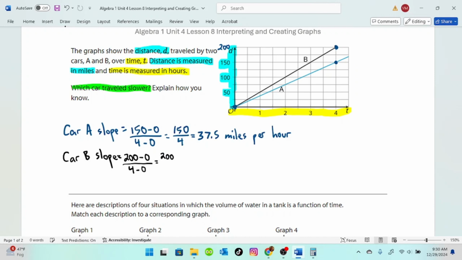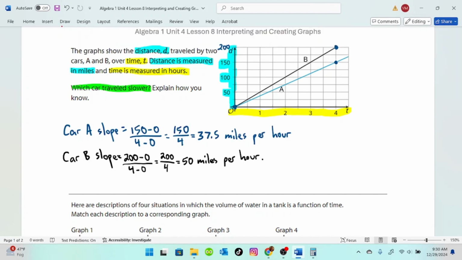That becomes 200 miles divided by 4 hours, which is 50 miles per hour.